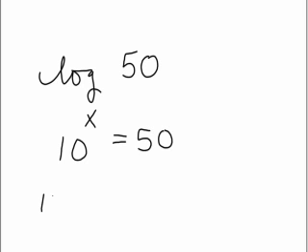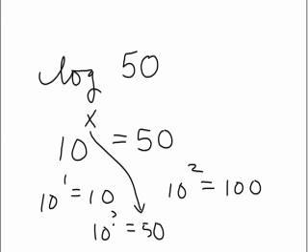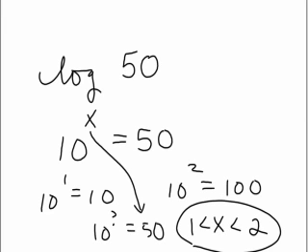Well, 10 to the 1 is 10, and 10 to the 2 is 100. So if we want to know the exponent that will come out to 50, it's got to be somewhere between 1 and 2. That's how I would write somewhere between 1 and 2. Well, this is where my calculator comes in handy, because I don't know how to do this in my head.